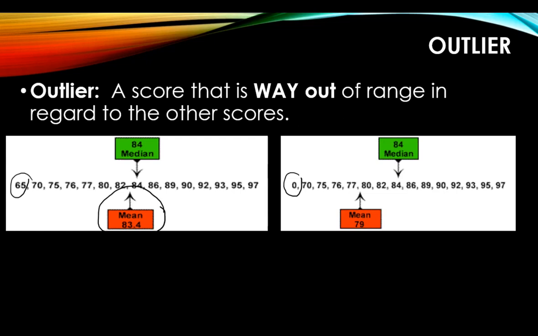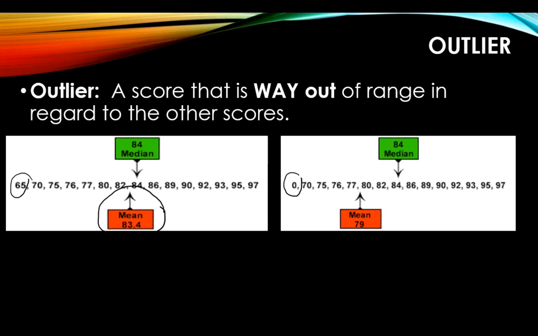Now, for the set on the right, we have 0, and 0 is a value that you can describe as odd or way further away from all the other data points. This value, which is 0, is called the outlier, and it affects the mean of the data set.